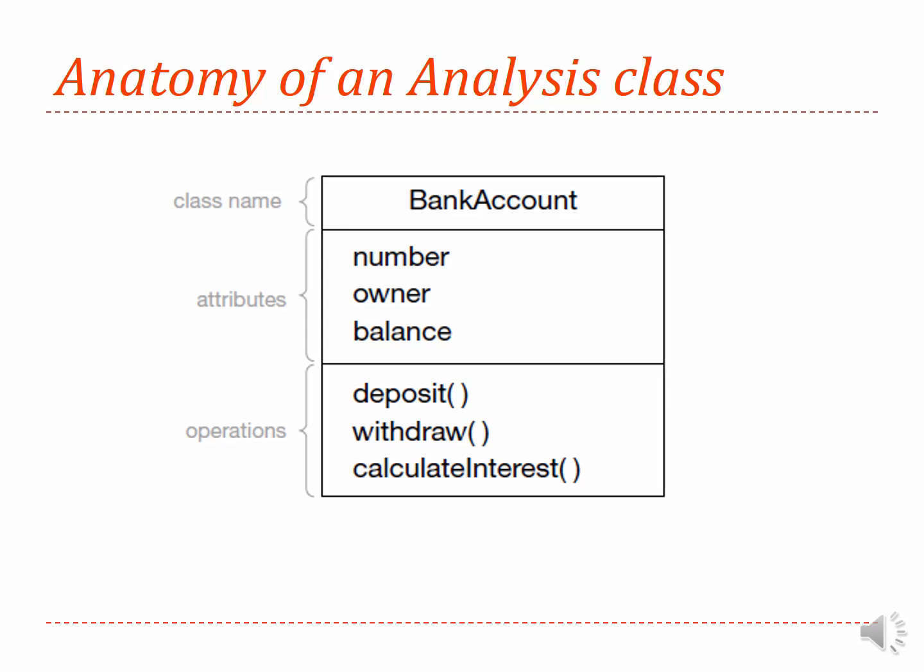This example structure helps the analyst organize the information gathered during the requirement analysis and serves as a blueprint for later design activities. This slide shows an example of an analysis class, a bank account. Here the class name is bank account, the identified attributes are number, owner and balance, and the identified operations are deposit, withdraw and calculate interest.